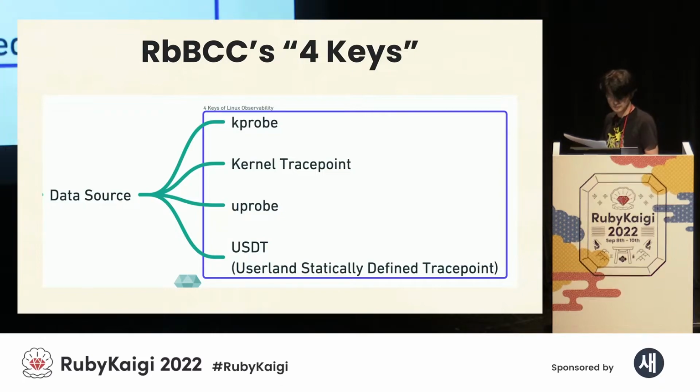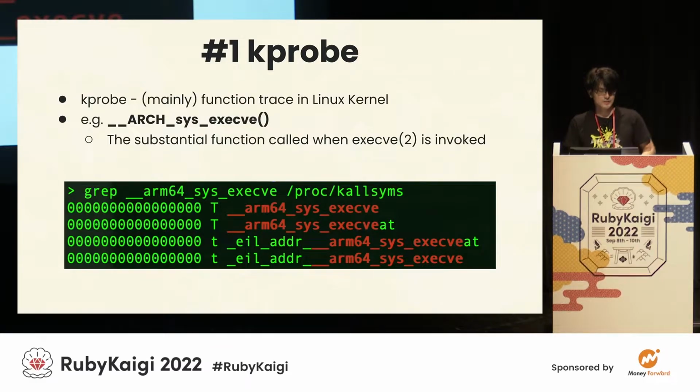BCC has 4 important key probes to be used as a data source. First one is kprobe. Kprobe is used to trace functions defined in the Linux kernel.